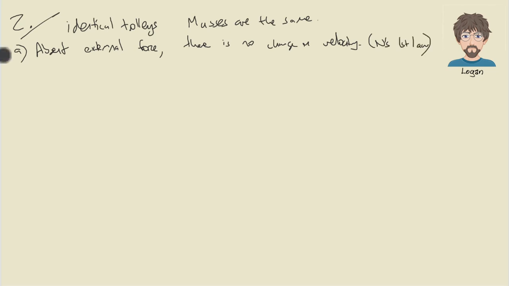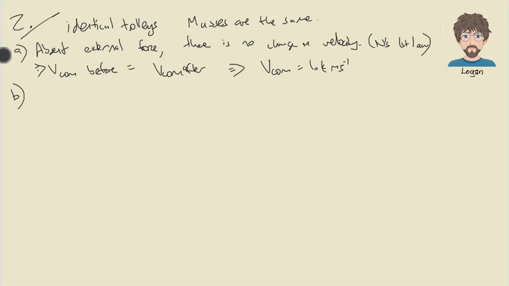So in the absence of a net external force, there's no change in velocity. So Vcom before equals the velocity of the center of mass after. Therefore, Vcom equals 1.4 meters per second, which is the information we're given, that after the collision, they're moving with a velocity of 1.4 meters per second.